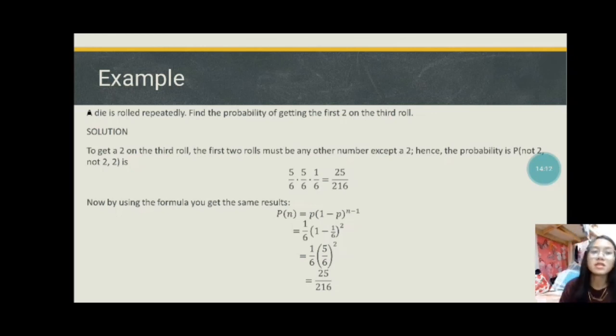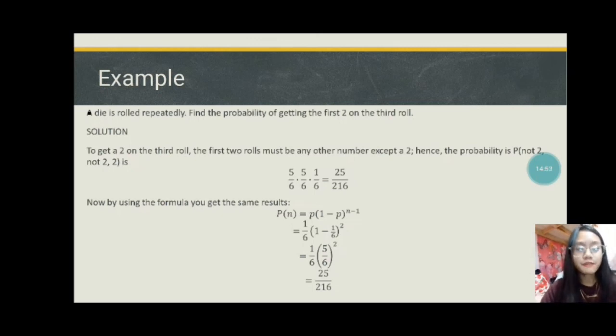Now, by using the formula, you get the same result. P of n is equal to p multiplied by 1 minus p to the power of n minus 1, which is equal to 1 over 6 multiplied by 1 minus 1 over 6 to the power of 2, which is equal to 1 over 6 multiplied by 5 over 6 to the power of 2, which is equal to 25 over 216.